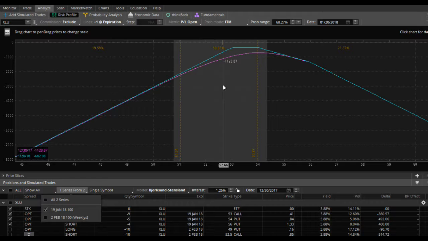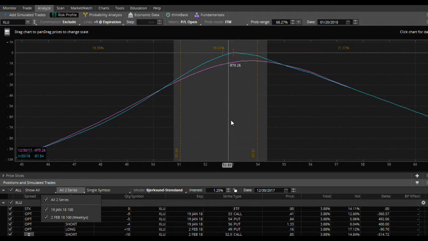But right now, if expiration were to occur today, we would be down $682.98. So this is currently a losing position. We do want to see the security move up above 53, and we're going to hold this through expiration and try to get XLU somewhere in here.